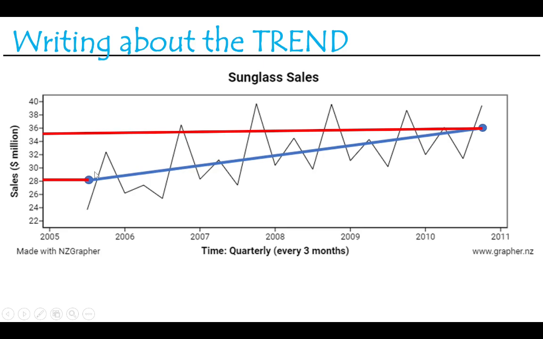The start point coordinates are about: the x coordinate is the middle of 2005, the year, and on the y coordinate side there's the sales, which is about $28 million. At the end coordinate, the year is about midway through 2010, and the sales is about $35 million, I would say.